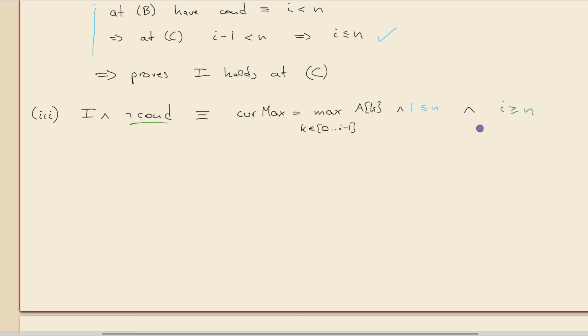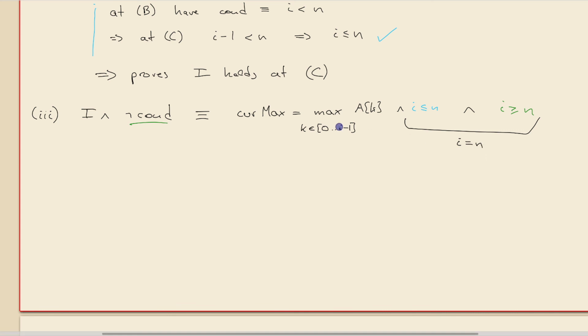So if we're at this point, then we take the last 2 conditions. Again, shouldn't have copied this. This was an I. I inserted the 1 there. These 2 things together obviously mean that I is equal to n.